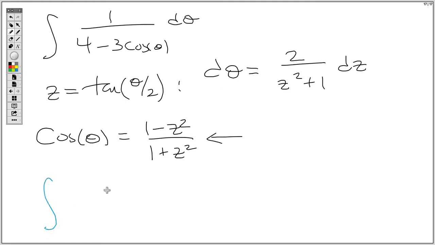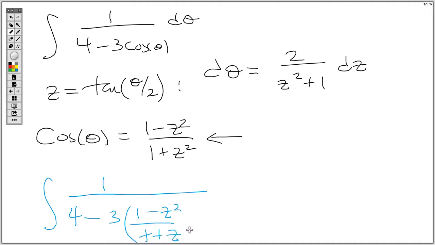So if I stuff all this into the integral I have, 4 minus 3 times 1 minus z squared over 1 plus z squared times d theta. We would get to this.